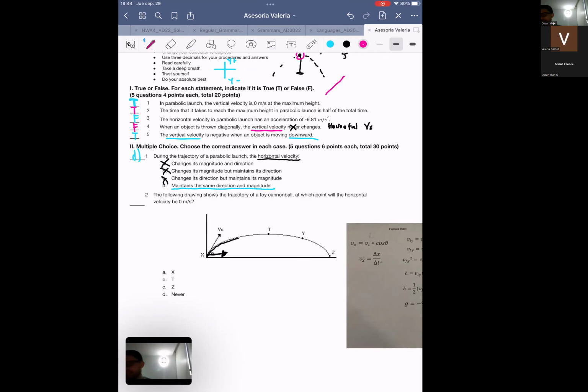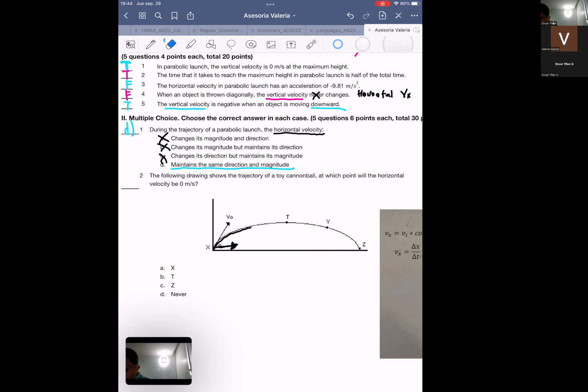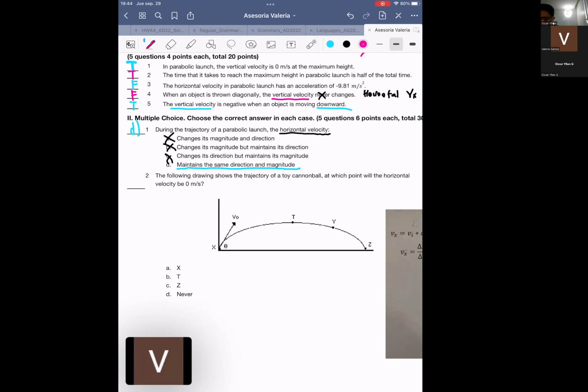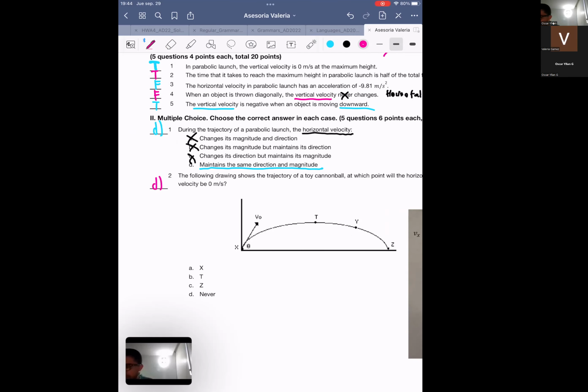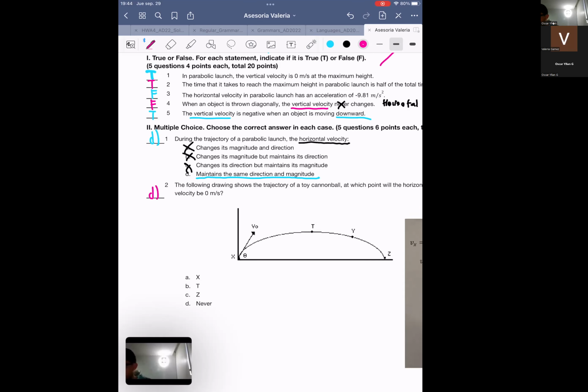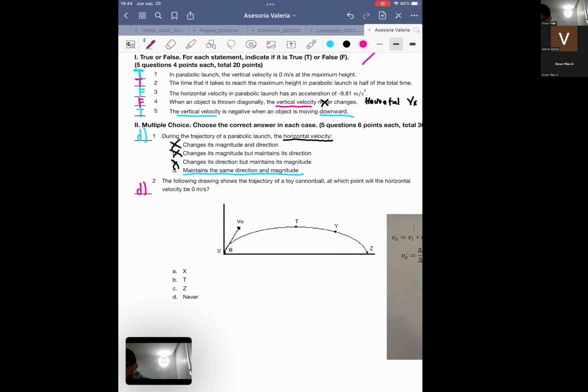Okay, number 2. It says, the following drawing shows the trajectory of a toy cannonball. At which point will the horizontal velocity be 0 meters per second? D. It's never, because remember that we have an original velocity in x.